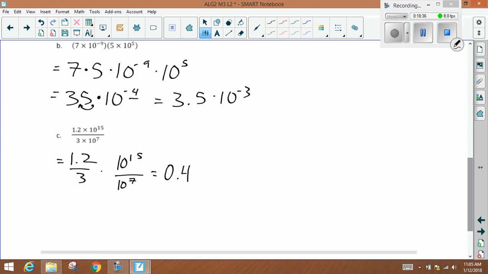And that's going to be times 10 to the 15 minus 7, or 8th power. But it is not in proper scientific notation because I need to move the decimal over this way, right? What happens when I move the decimal in that direction? It's smaller. I should decrease this power.